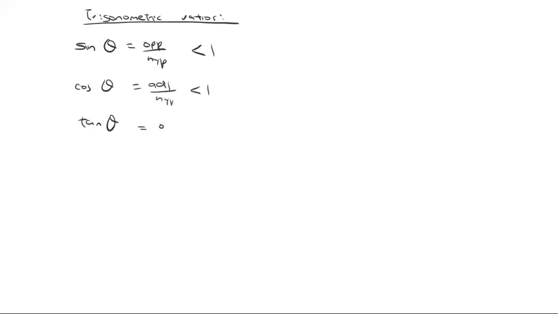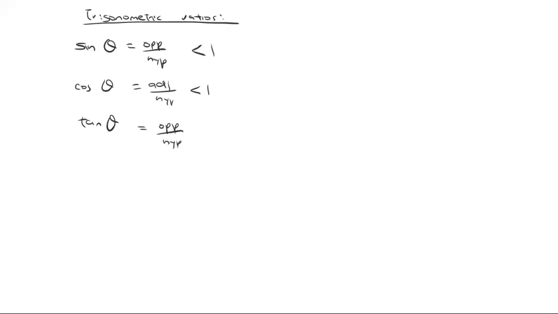You can think of them as ratios between the side lengths of right angle triangles. Because the hypotenuse is the longer side, that tells you sine is less than 1, cosine would also be less than 1, and tangent you've learned as that.